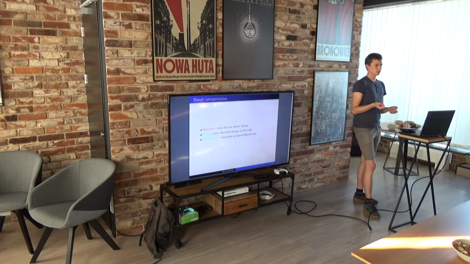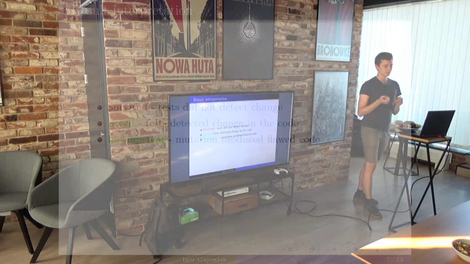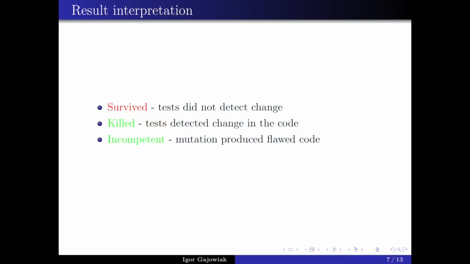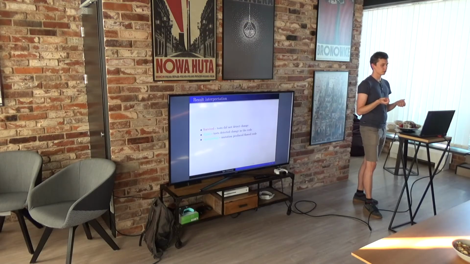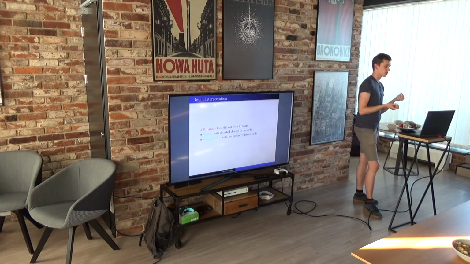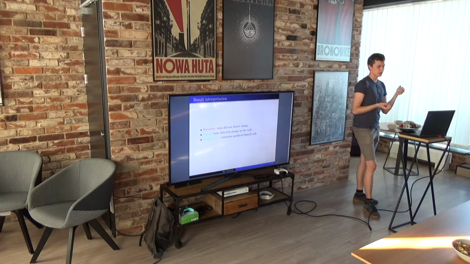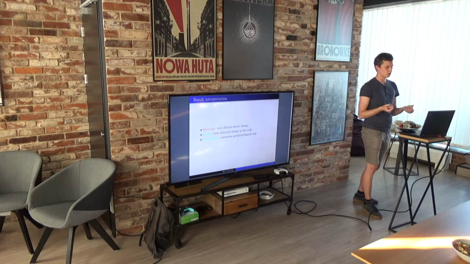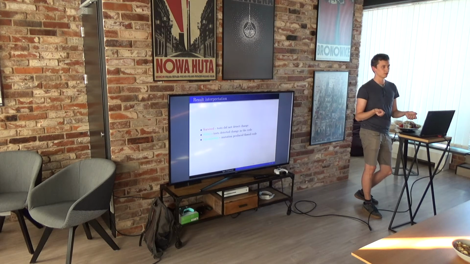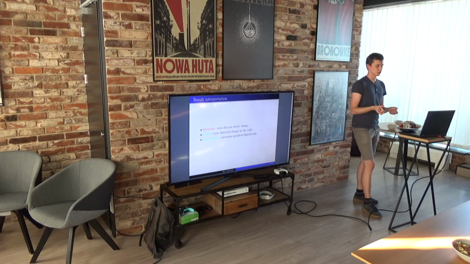If all the tests pass, it means that even though we changed the functionality, the logic of our code, all the tests pass, so we don't have a test for this particular functionality. This kind of mutation is called a mutation that survived.